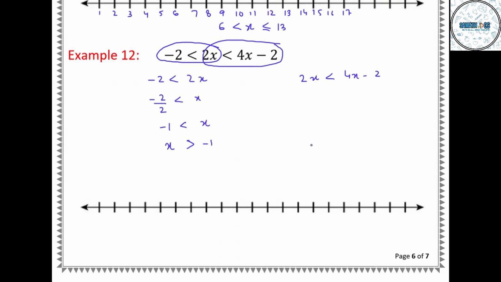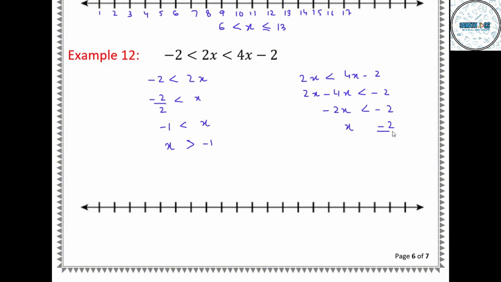So once we write two inequalities, then we have to solve. 2x minus 4x is less than -2. Minus 2x is less than -2. Now we will divide -2 by -2. So the sign of inequality will be changed. So it is x is greater than 1.